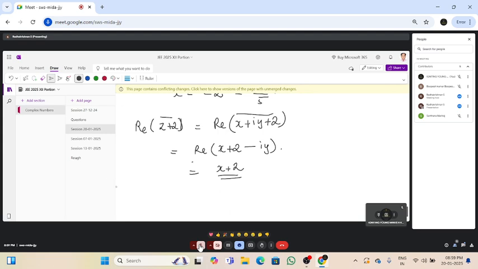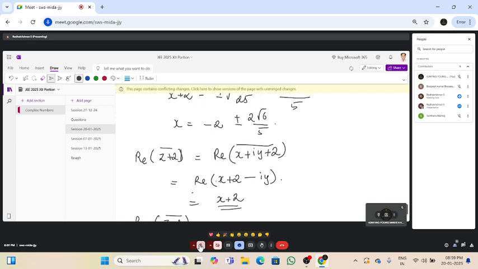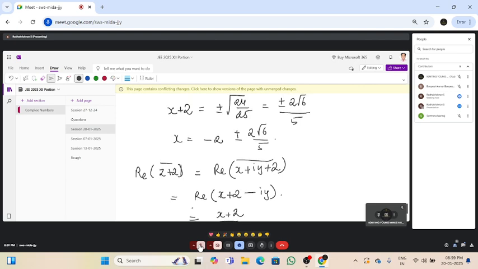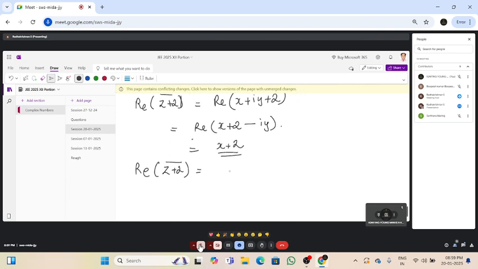So the real value of z plus 2 conjugate equals x plus 2, which is plus or minus 2 root 6 by 5. That's what we have got.